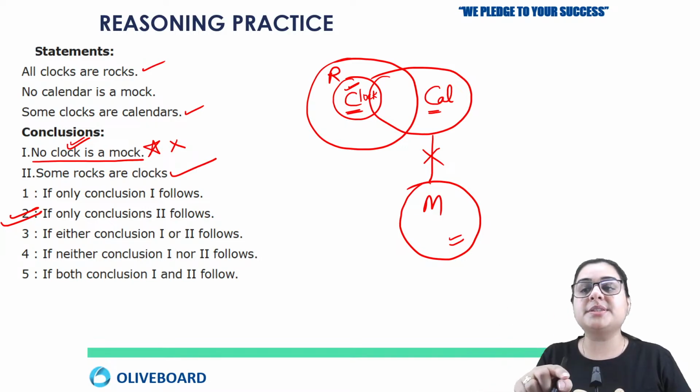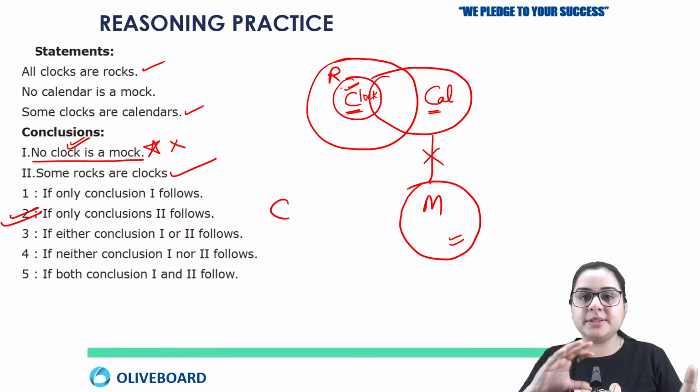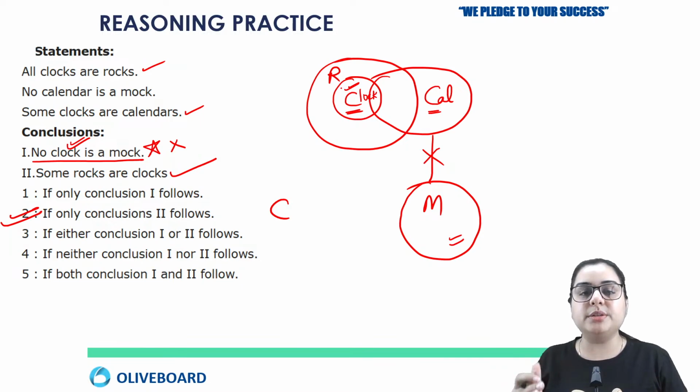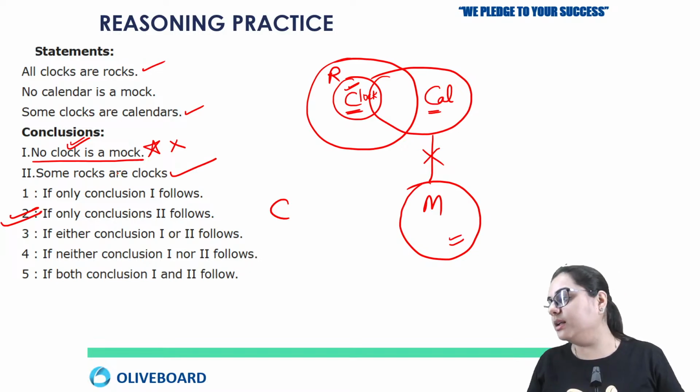So this is another mistake that you people do in your exam. You just write C, and by mistake you keep on seeing the wrong circle whenever the word is starting with C. So just write the whole word whenever you have the same initials for two parameters. The first one is wrong because he is not getting the pair for marking either-or. And the second one is correct because it is some rocks are clocks.